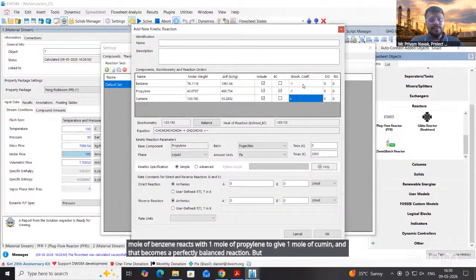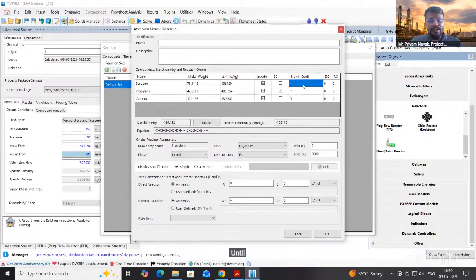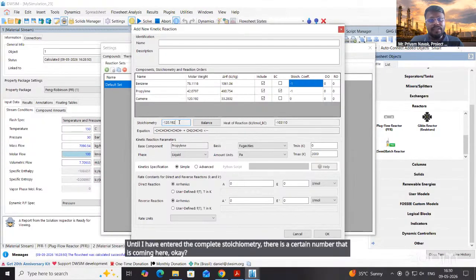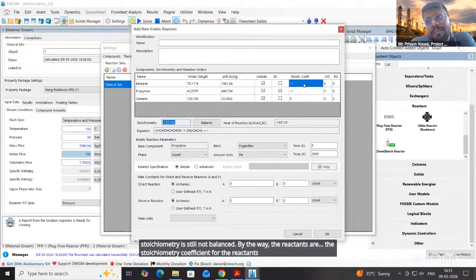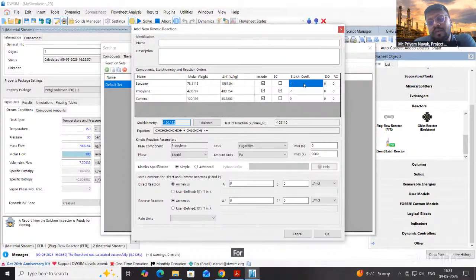But if you realize, until I have entered the complete stoichiometry, there is a certain number coming here. If some number is being shown here, it means the stoichiometry is still not balanced. By the way, the stoichiometric coefficients for the reactants are to be preceded by a negative sign; for the products, it's only that number.